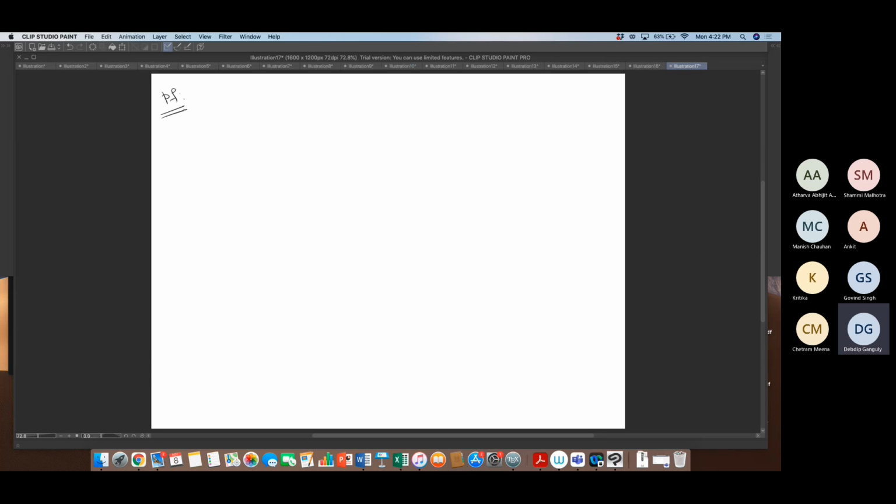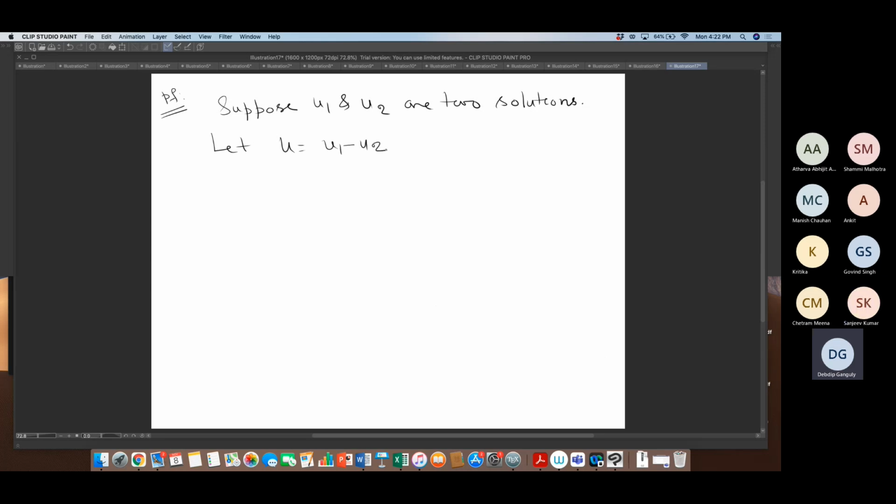Let us use the same standard trick. Suppose u1 and u2 are two solutions. Let u be equal to u1 minus u2.